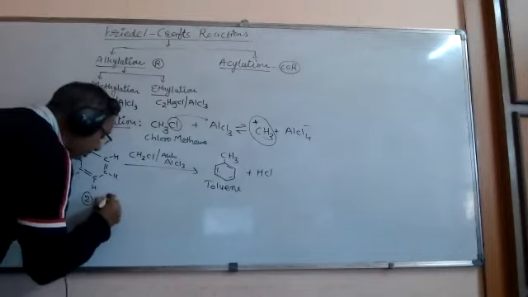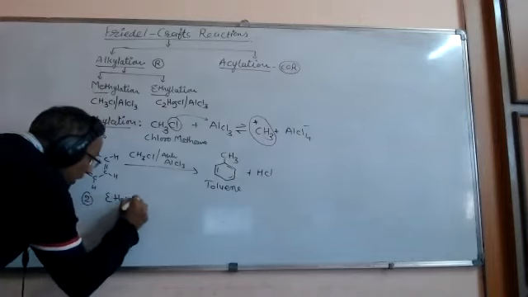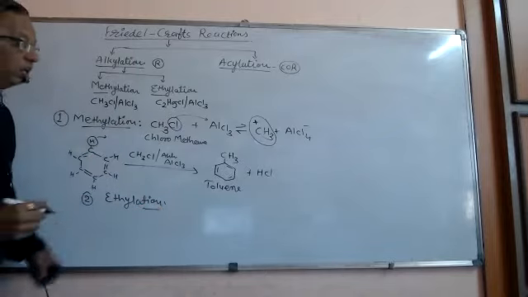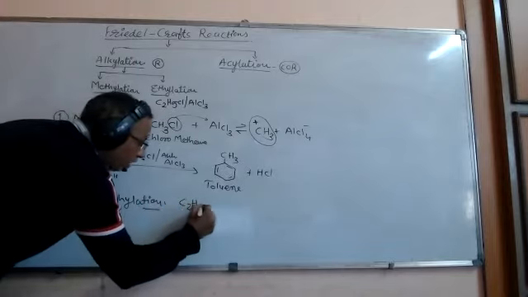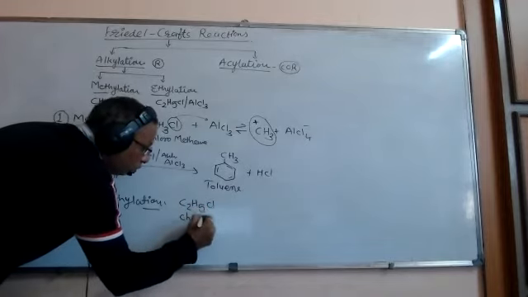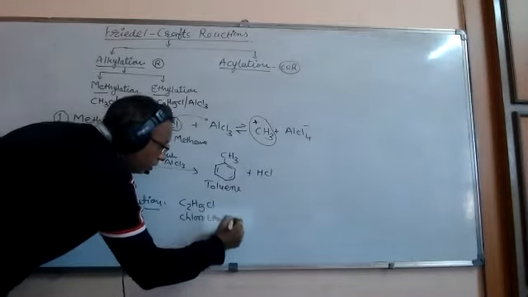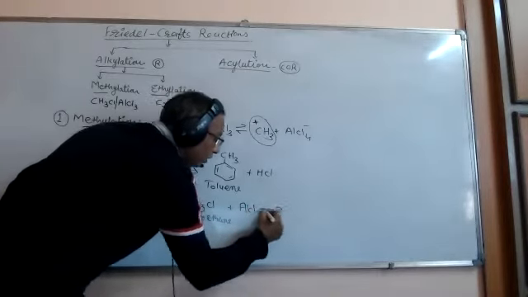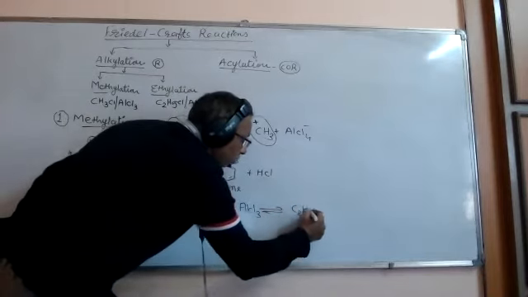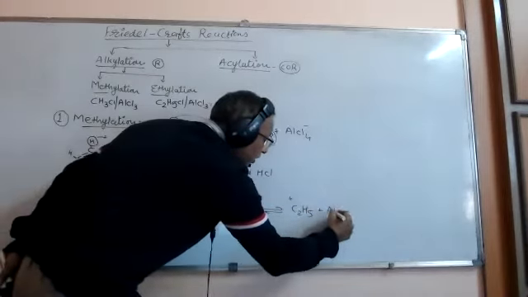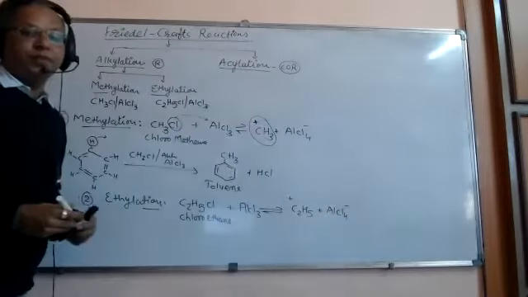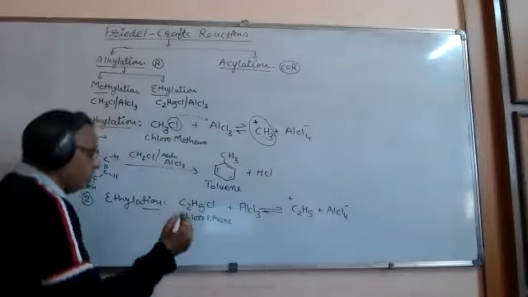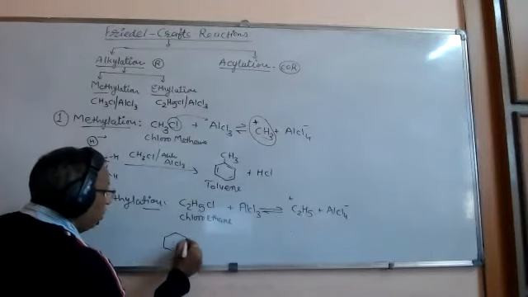The second reaction is called ethylation. In this reaction, instead of CH3Cl, we have to take C2H5Cl. This is chloroethane. This chloroethane, once again with AlCl3, gives C2H5+ and AlCl4-. This is ethyl cation, which further reacts with the benzene molecule.